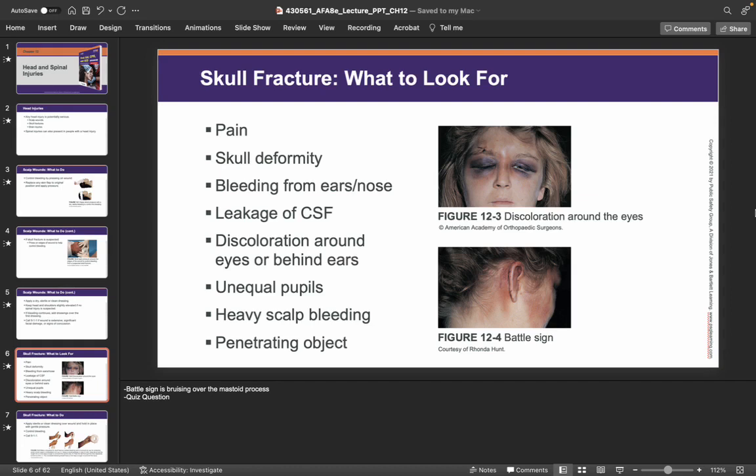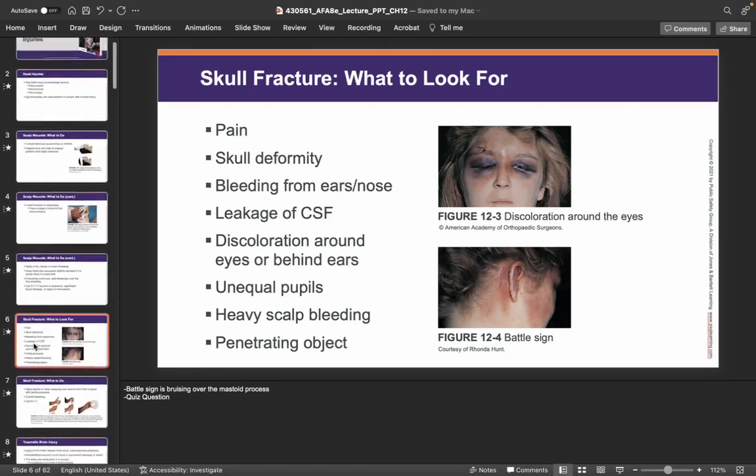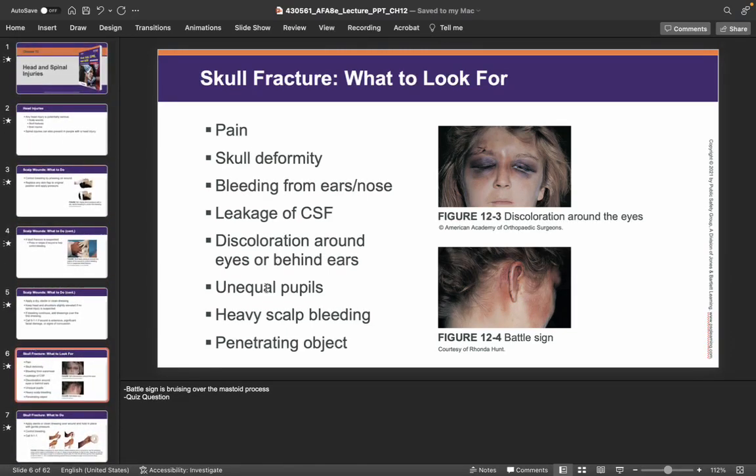So as far as skull fractures, some things to look for. Of course, pain. It's going to be very painful. Anytime you find some sort of a deformity on the skull, like it looks like it's pushed in, that's a big sign. Anytime you get bleeding from the ears or the nose, especially if there was no direct contact with the nose, that is a classic sign of a skull fracture.